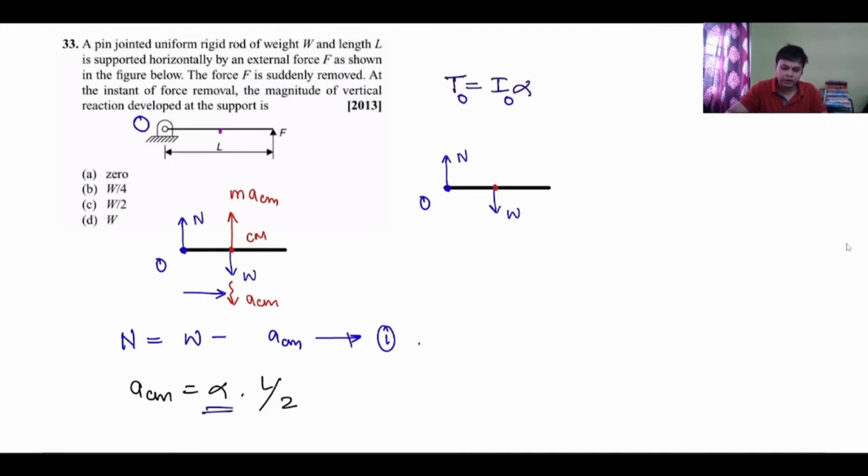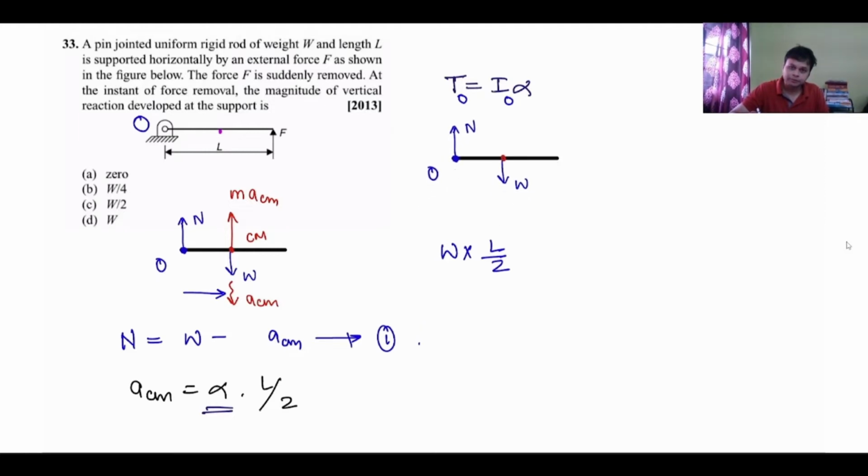We will not consider inertia force while calculating torque because inertia force is an imaginary force. So these are the two forces acting. So can I say torque about point O can be written as W into L by 2? Yes or no?